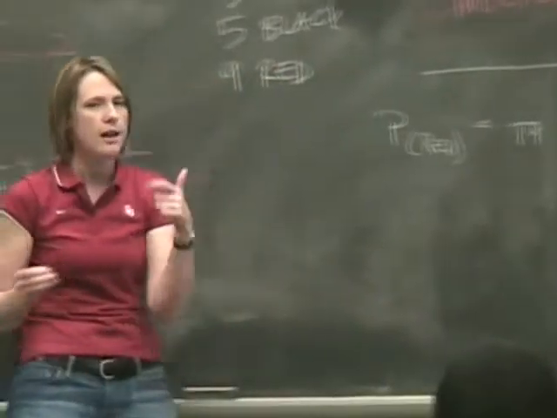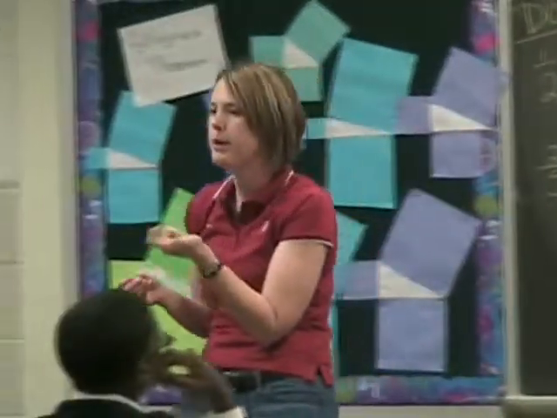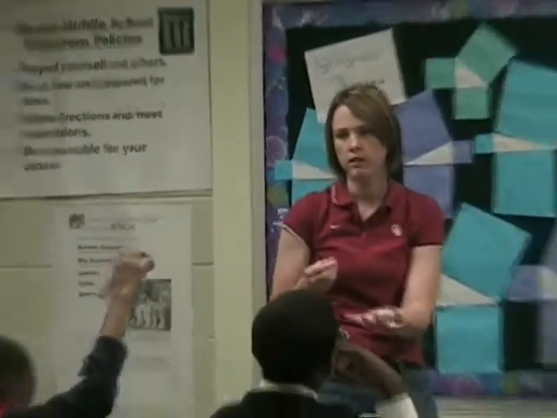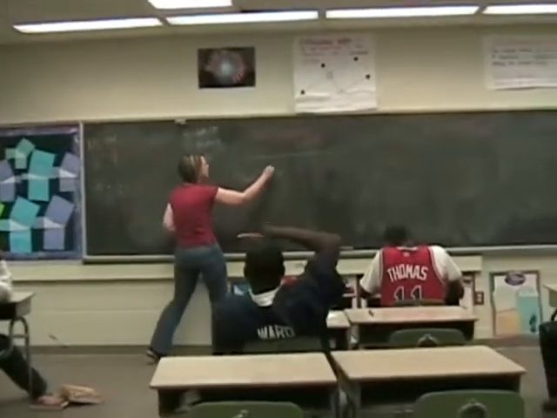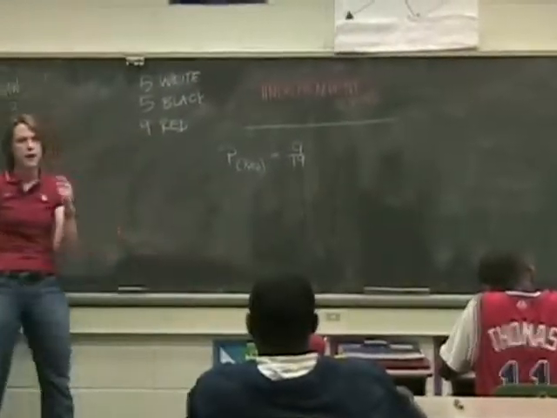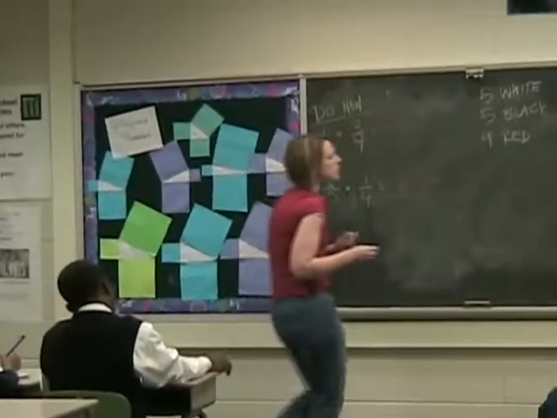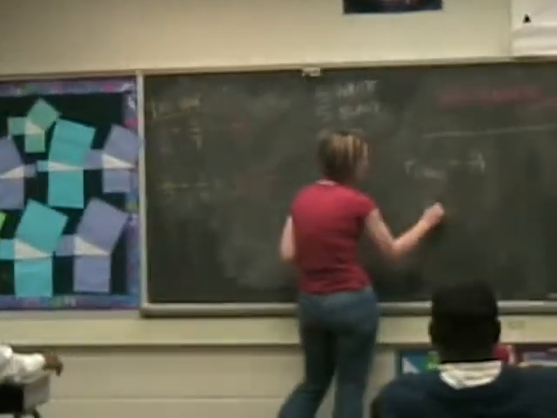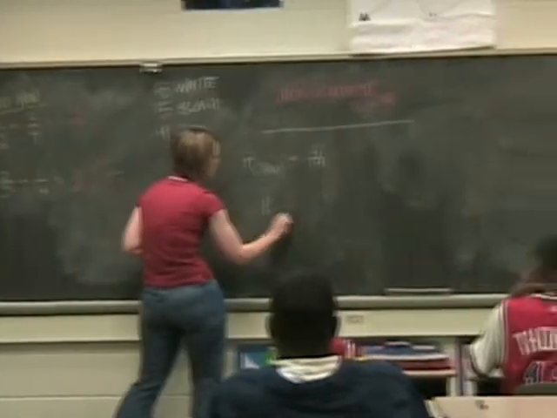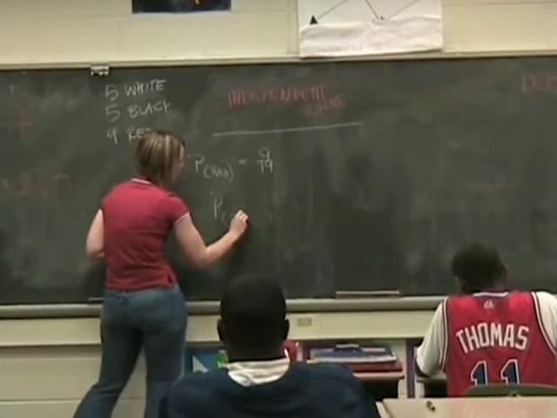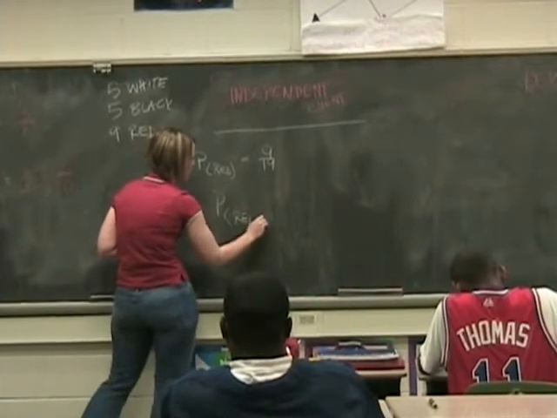And how many times can I pick red, Desiree? So the probability that I pick a red is what? 9 out of 19. Okay. So let's say, what's the probability of picking a red and a red?